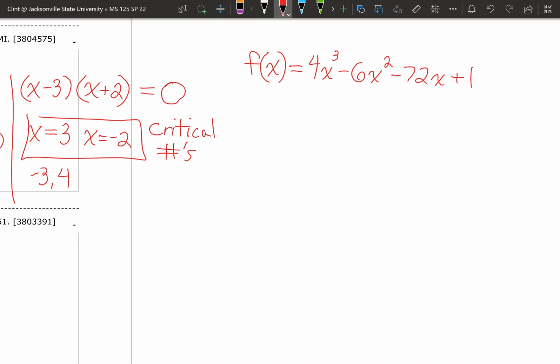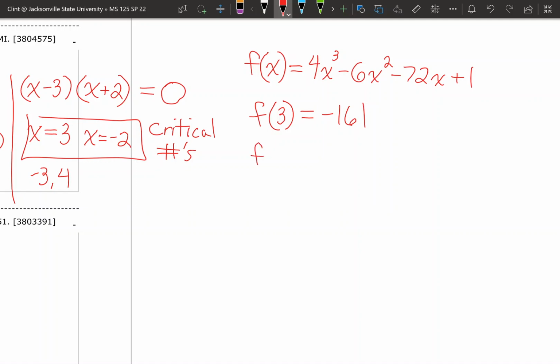It doesn't matter what order we do, so I'll do 3 first. 3 cubed is 27, so 4 times 27 minus 6 times 9 minus 72 times 3 plus 1. For f of 3, I'm getting negative 161.